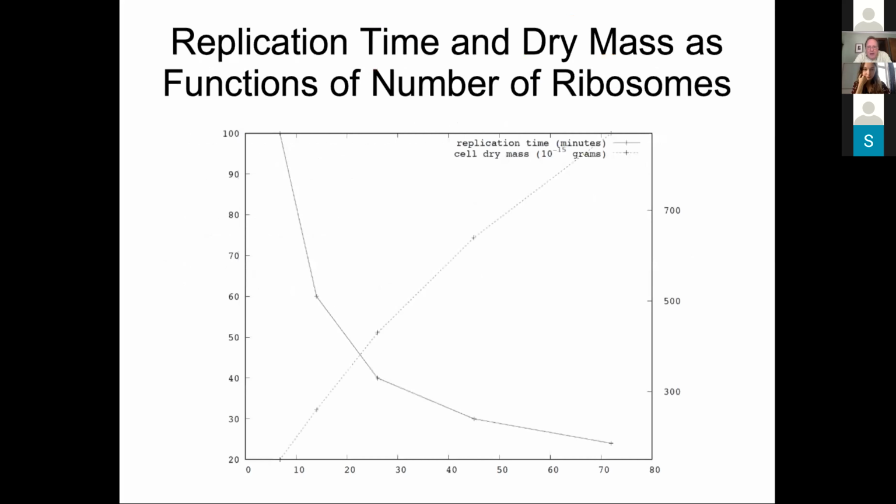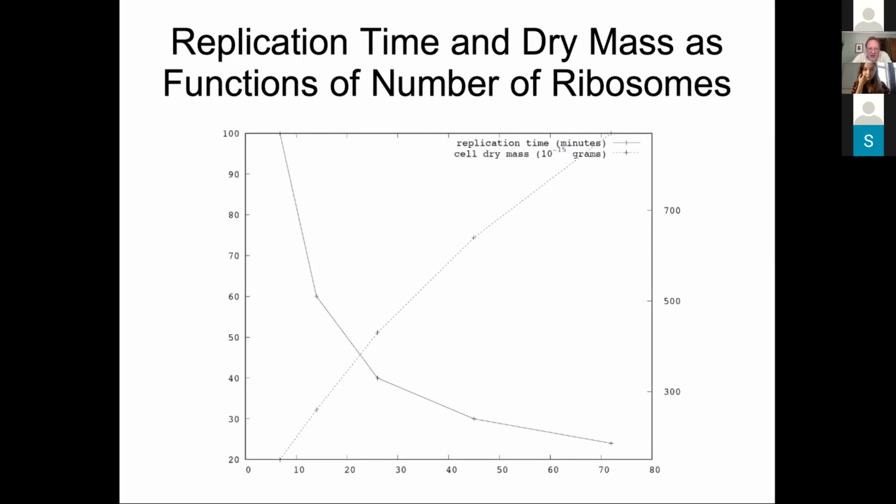Well, that's all very nice for artificial systems. What about real systems? This is a plot I made of data from the book Cell Biology by the Numbers, and it's fascinating. I thought I was knowledgeable about biology, but until I dug deep into the numbers, I didn't discover things like this. The dashed line here is the dry mass of a cell without the water, in femtograms.